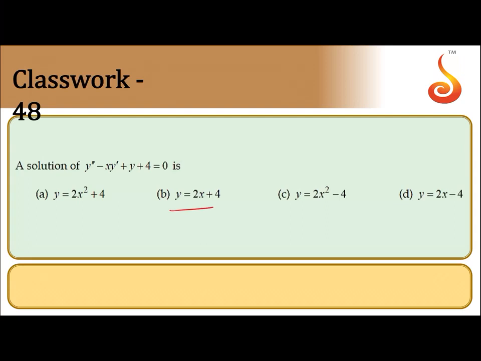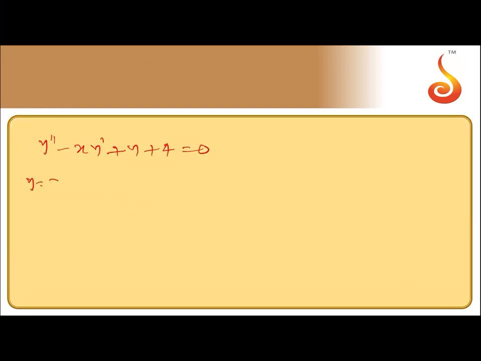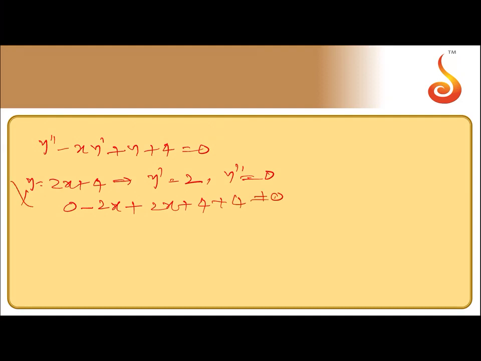Let me take up one of the conditions, y equals 2x plus 4. A linear form will be easy for me to calculate. So y dash is equal to 2 itself, and y double dash is 0. So we get 0 minus 2x plus y, that is 2x plus 4, which is not equal to 0. So this option is wrong.